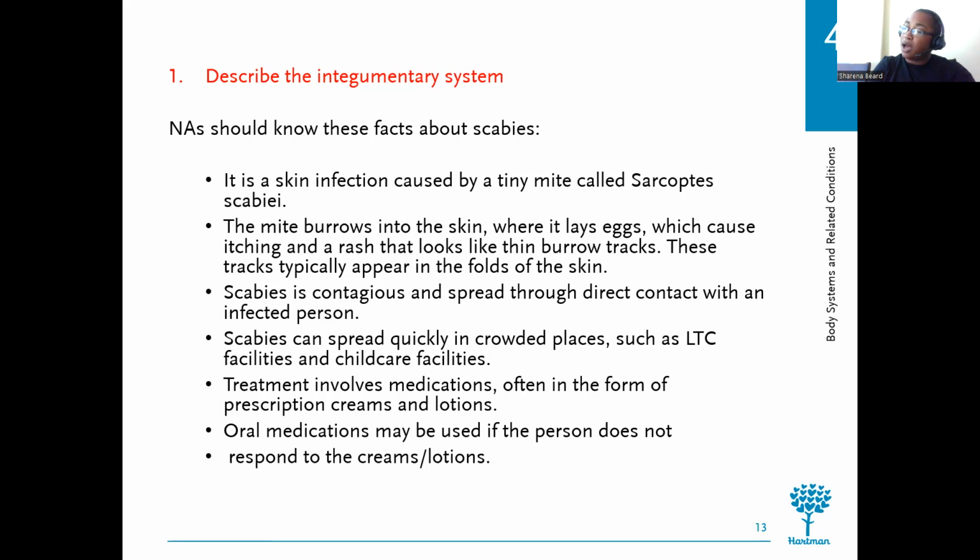You might think, oh, is it because they're itching and they scratch themselves that hard? It might not be that. It might be the actual scabies mite that goes up under their skin and lays eggs, and it causes a rash that looks like streaks under their skin. Okay, so it is contagious.